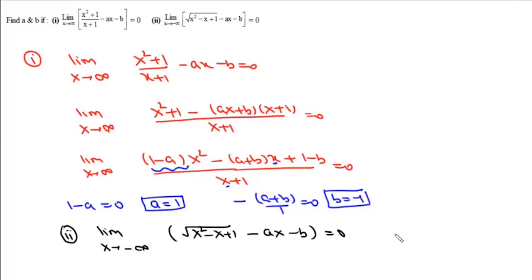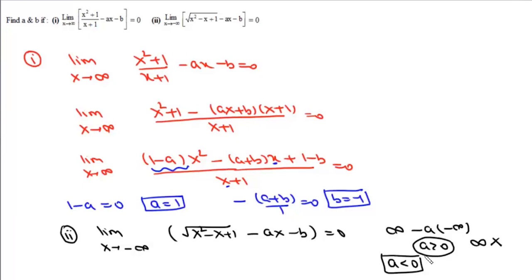Now this is infinity and then minus a into minus infinite. Now if a is greater than 0, in that case this limit will be infinite, which is non-indeterminate form. So for this limit to have an answer 0, clearly a must be less than 0. So we are looking for the value of a, which is negative.